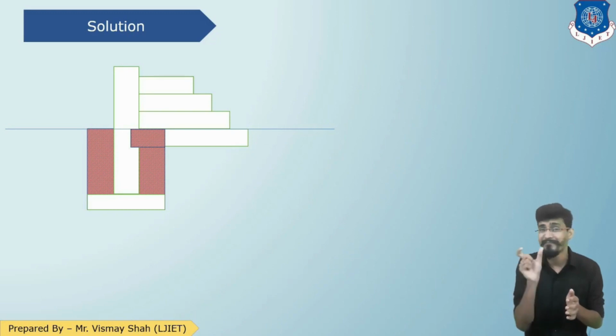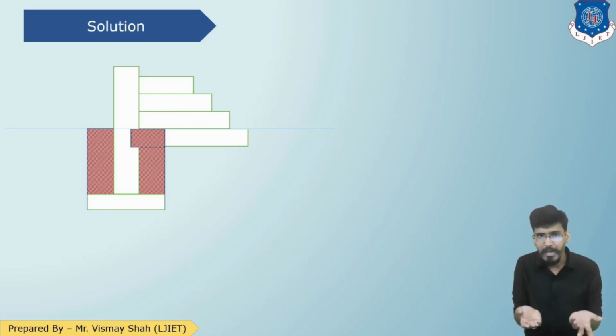So while calculating the width, we need to deduct that part because it is overlapping with the original footing. We cannot excavate 2 times there. Excavation cannot happen 2 times. So we need to deduct that common part from the width.